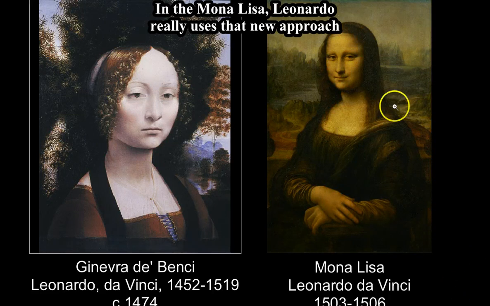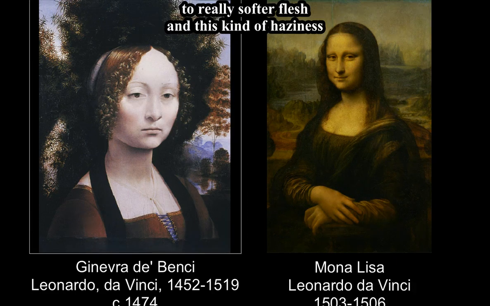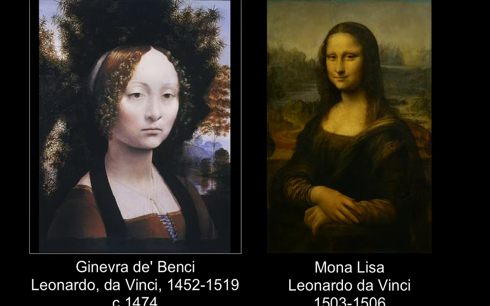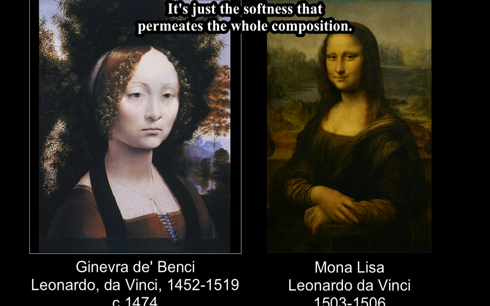In the Mona Lisa, Leonardo really uses that new approach to a really softer flesh, and this kind of haziness of the background, the blurry lines around the figure. It's just this softness that permeates the whole composition.